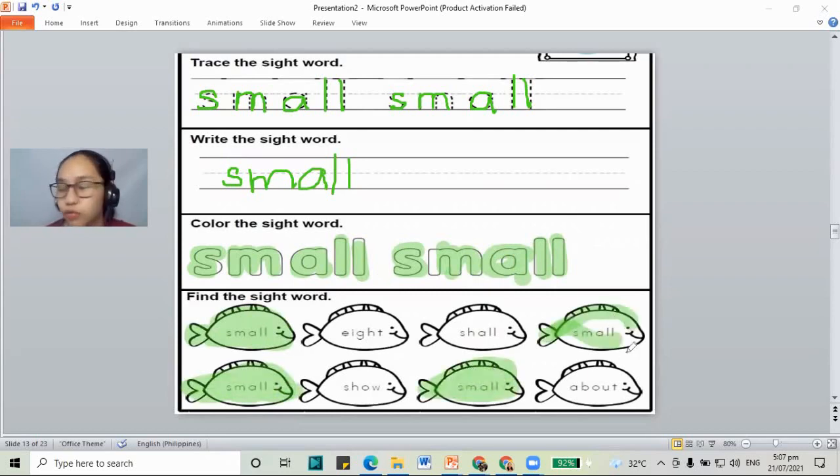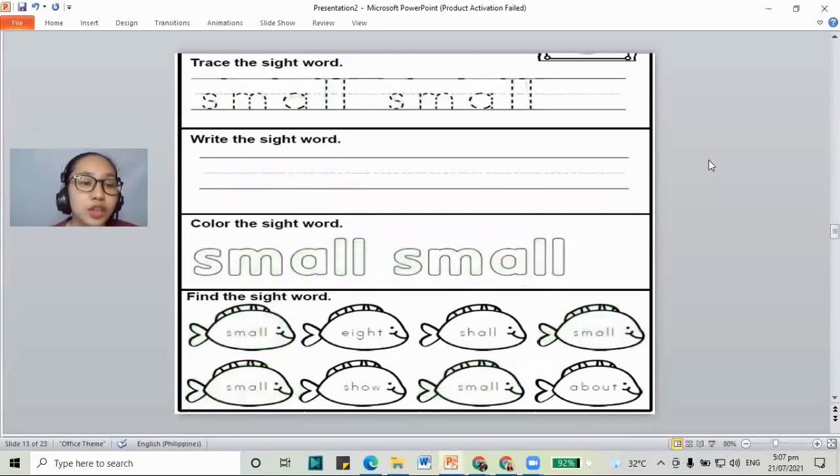So we have 4 of them. 4 words that are small. And if I use it in a sentence, I found a small shell underneath the gravel. We have the word small.